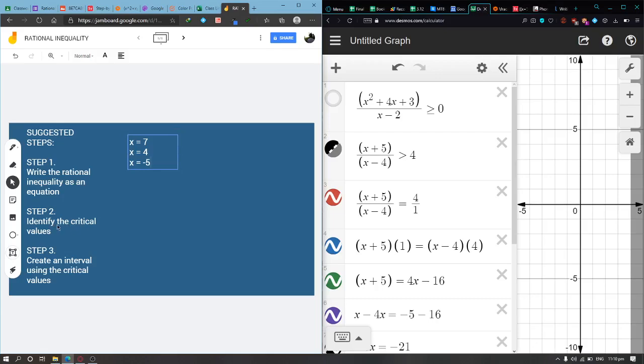So these are the critical values. After identifying the critical values, we will now go to step 3: create an interval using the critical values. Let us first make sense of our equation.